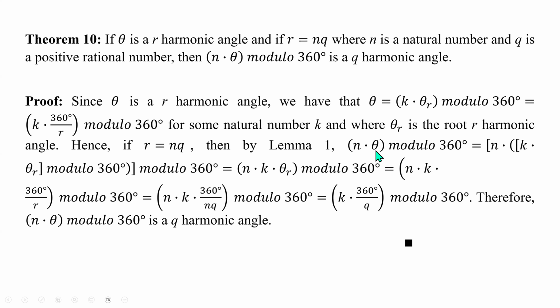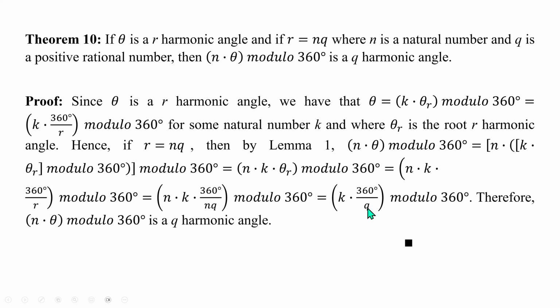Theta here is an r harmonic angle, so it is some natural number multiple of the root r harmonic angle taken modulo 360 degrees. So that's where this second part comes in. Now continuing from this point, if you cancel out the n's, this is equal to k times 360 degrees over q modulo 360 degrees.